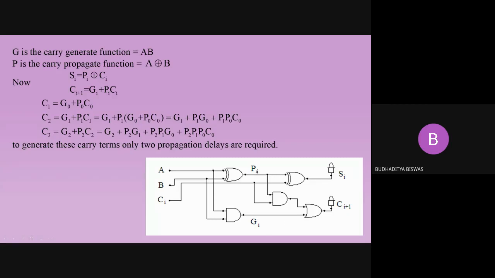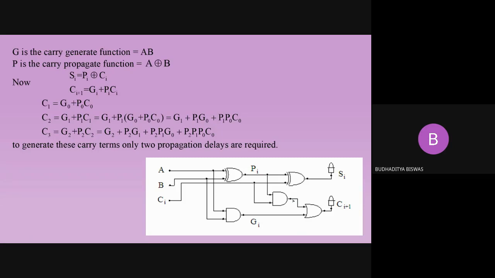Why is P called the carry propagate function? Look, P is nothing but A XOR B, and P is one of the inputs of this AND gate. Now consider one condition where P equals 1 and this input C equals 1. If P and C both are 1, then the output of the AND gate is 1.